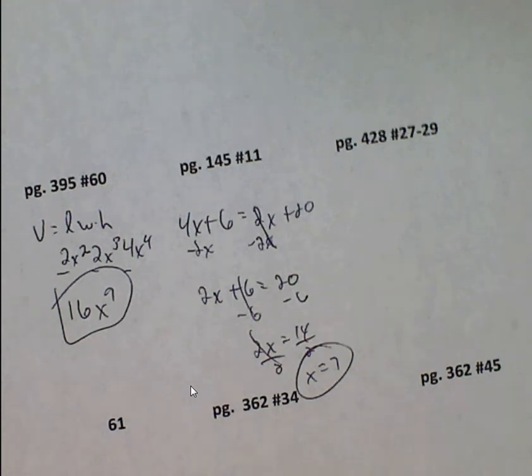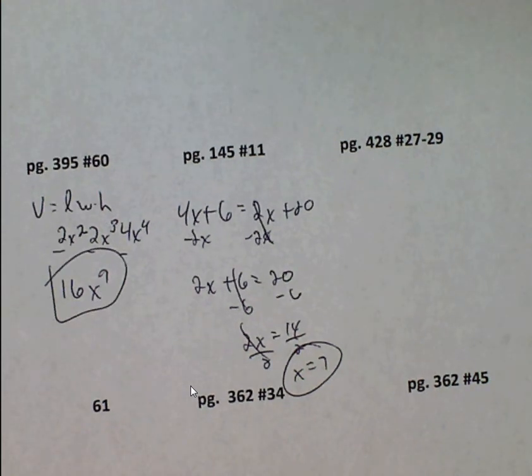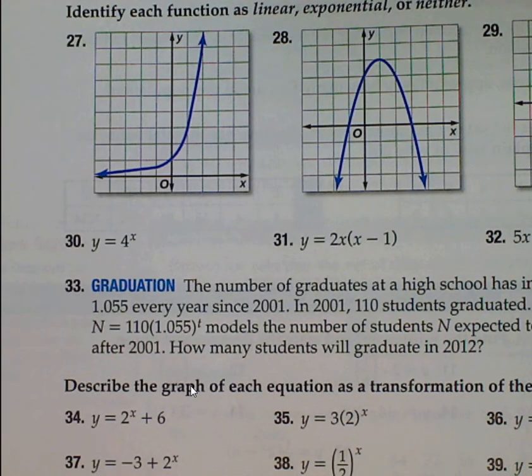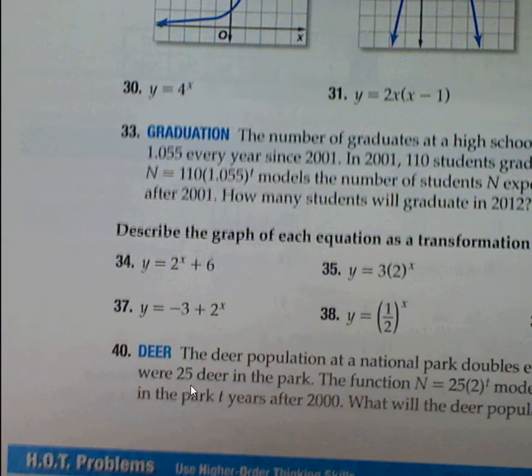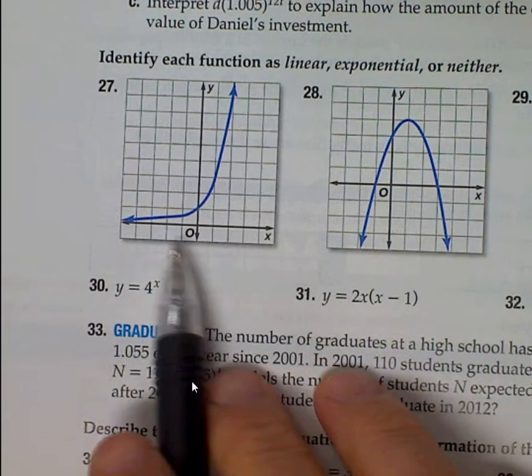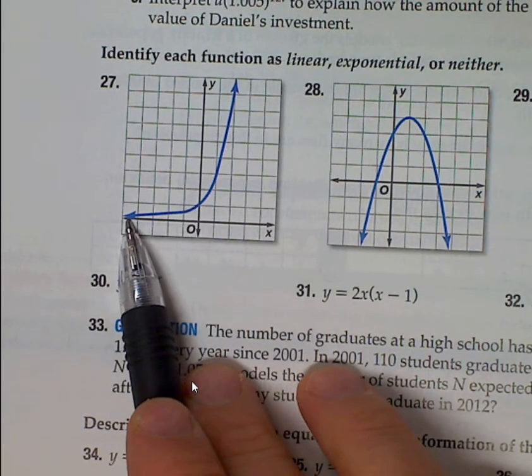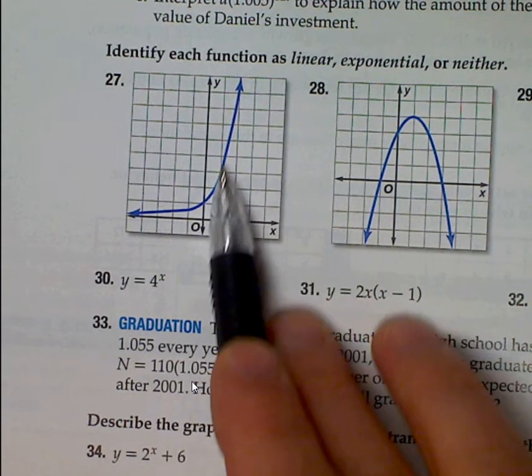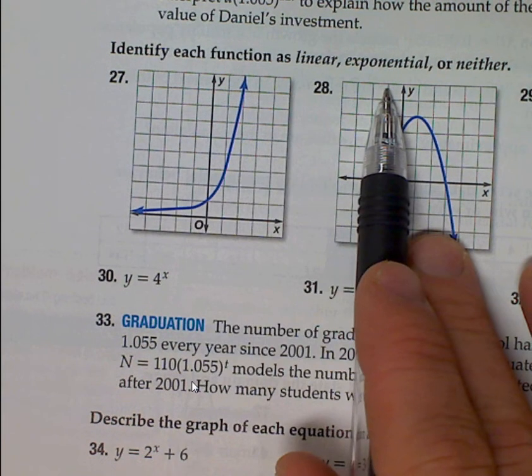Page 428, 27 through 29. Identify each function as linear, exponential, or neither. So the first one looks like a hill, so that has to be exponential.